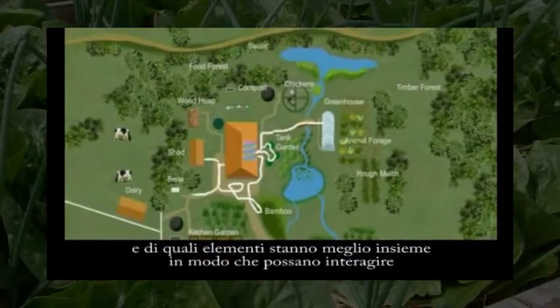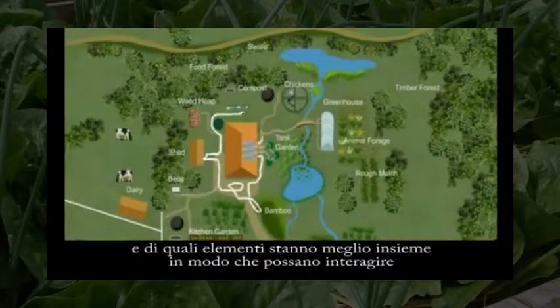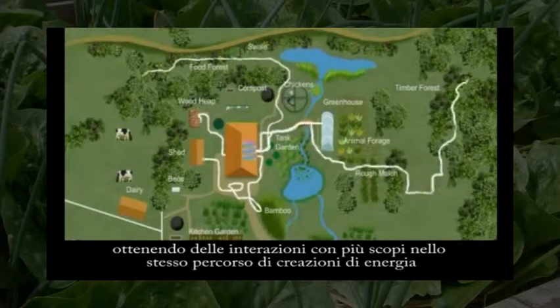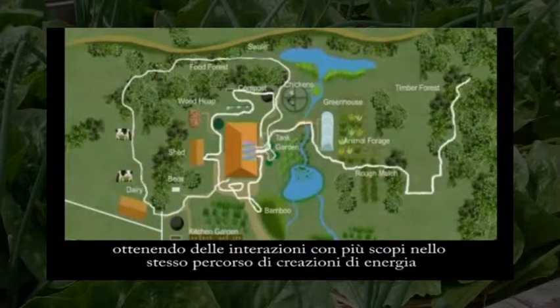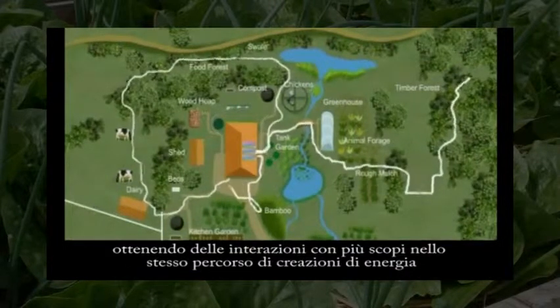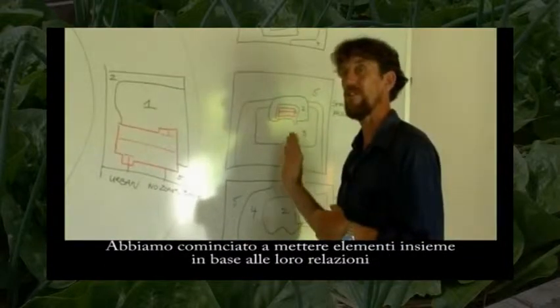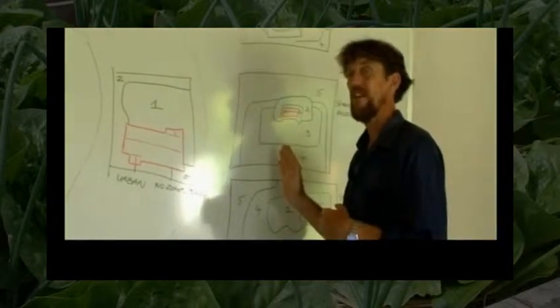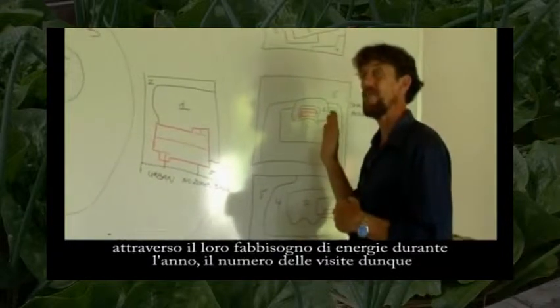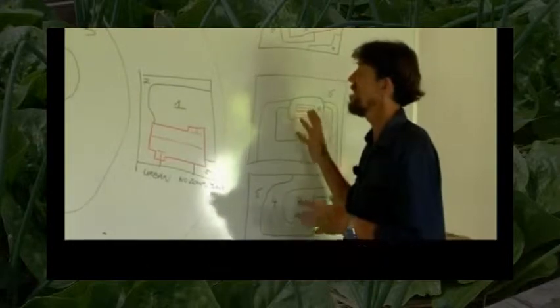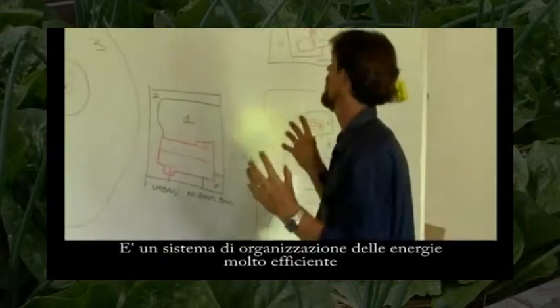And then which elements fit together so that they interact together, and we can get multi-purpose interactions on the same stacked job energy pathway. We're starting to put elements together in relationship to each other within their numbers of energy requirements per year, their number of visits. So it's a very energy efficient planning system.